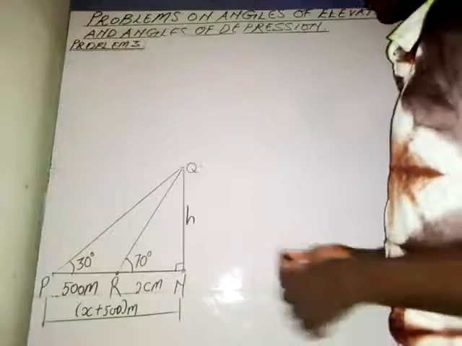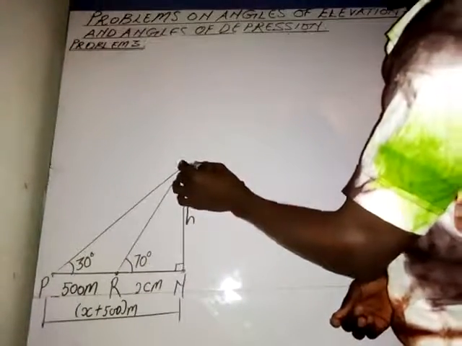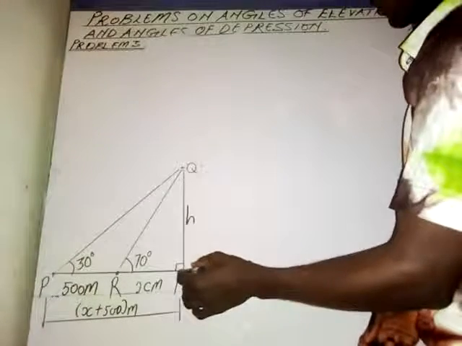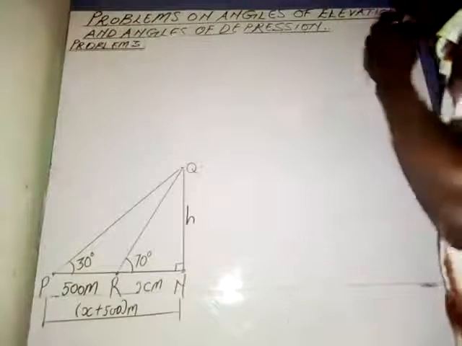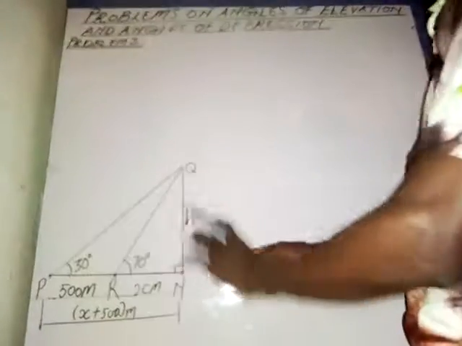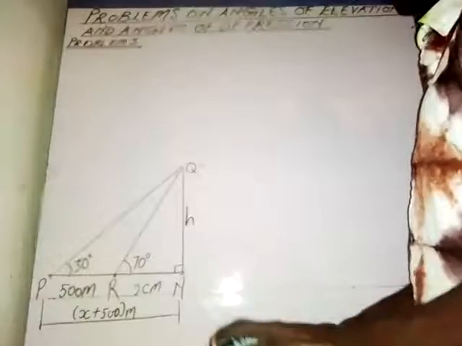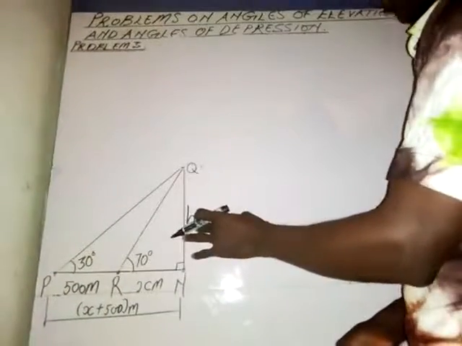So we are to calculate the length QP and the height of the mountain, that is NQ. Now, the first thing I'm going to do is to determine the value of the height of the mountain, the height NQ or H here.